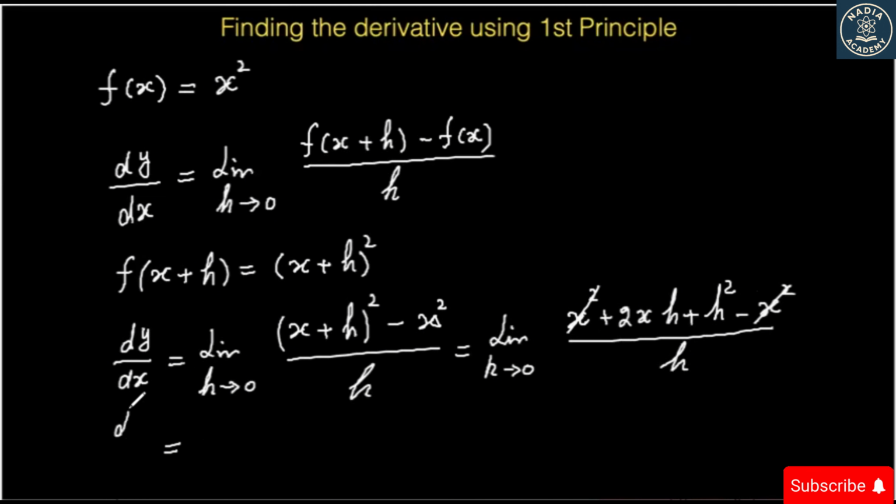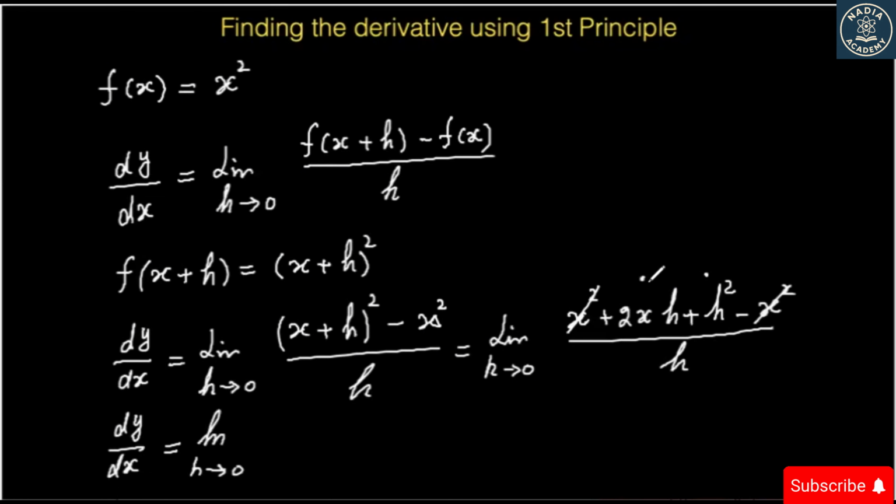Then we will have the following simplified form, dy over dx, which is the first order derivative, the limit as h approaches 0. Now, we are left with the two terms 2x times h plus h square.